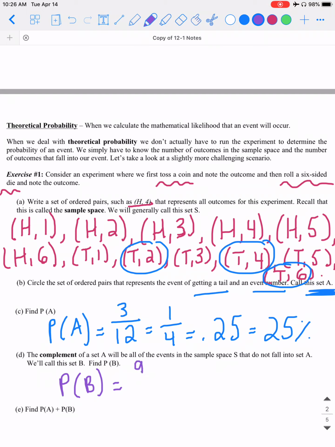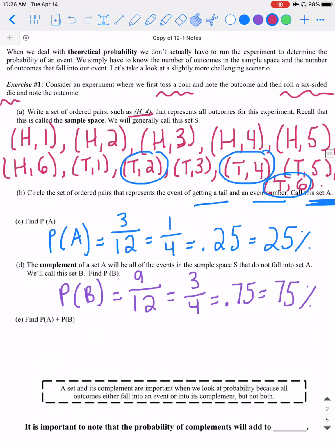So that's 9 out of 12, which simplifies to 3/4 or 0.75, 75%. And now part E says to find the probability of A plus the probability of B. So if I add our two parts together, part C and part D, I'm going to get 0.25 plus 0.75, which equals 1.